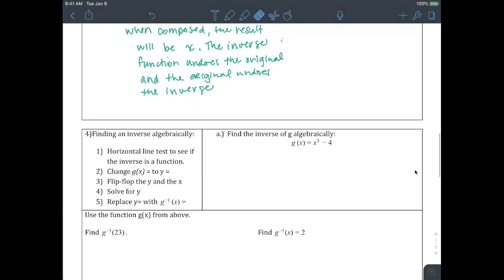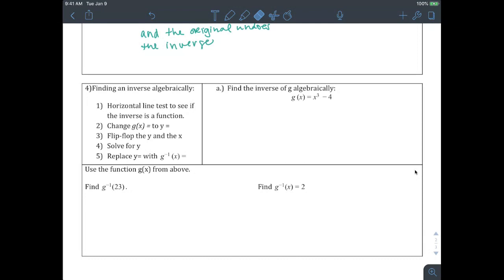Okay. Lastly, we're going to talk about how to find inverses algebraically. I think you remember this. Okay. So we're going to switch x and y. So we get x is equal to y cubed minus 4. Then we solve for y, plus 4.